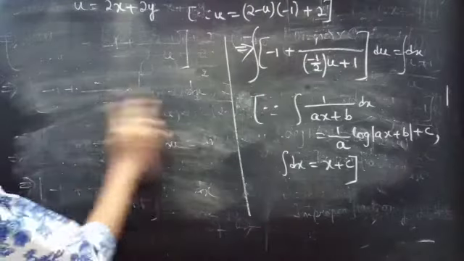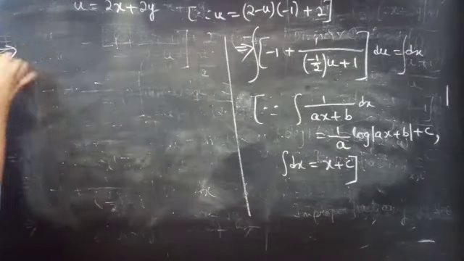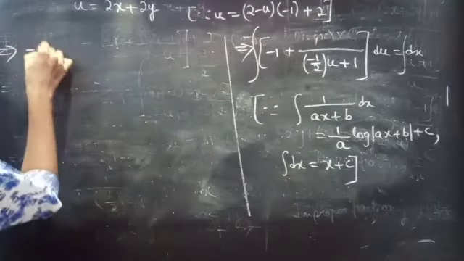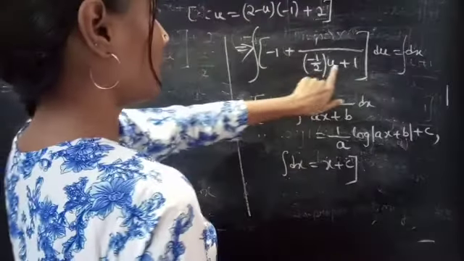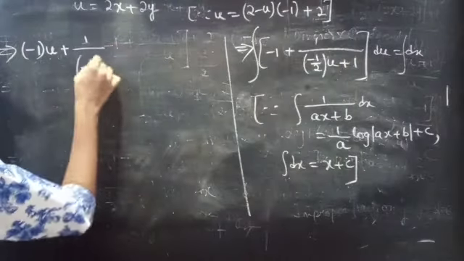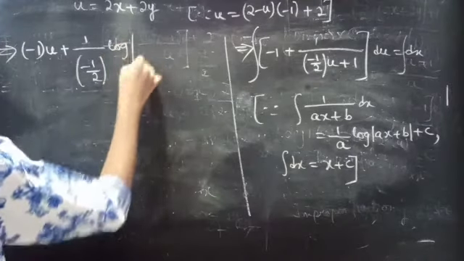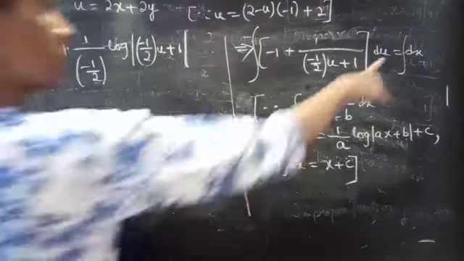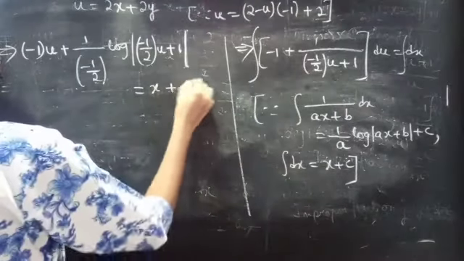Now we'll apply these formulae. Then integral of minus 1 into du is minus 1 into u, plus integral 1 by (au plus b) du equals 1 by a, that is 1 by minus 1 by 2, into log mod (au plus b), equals integral dx, which is x plus integration constant c.